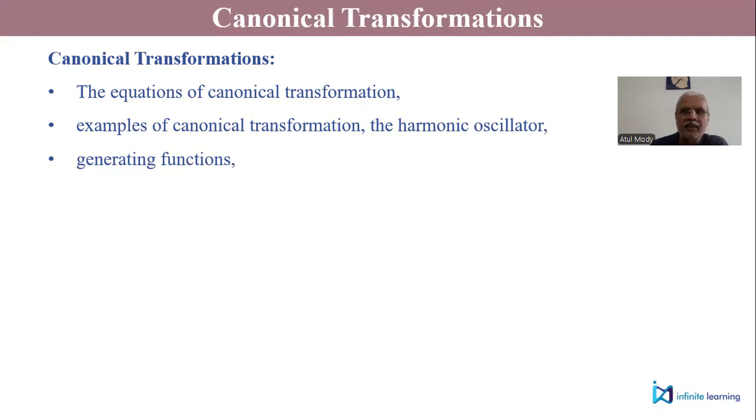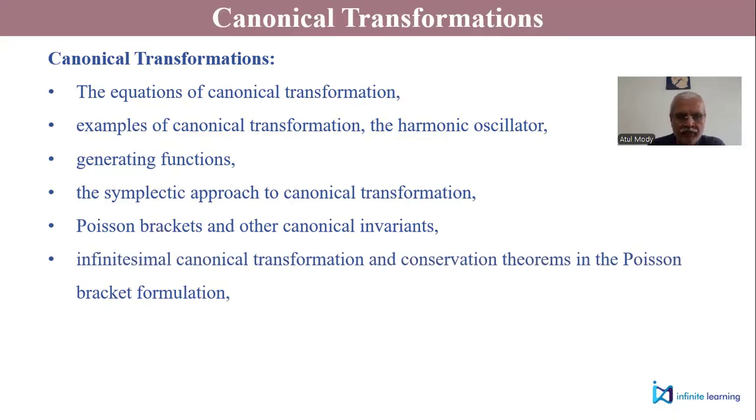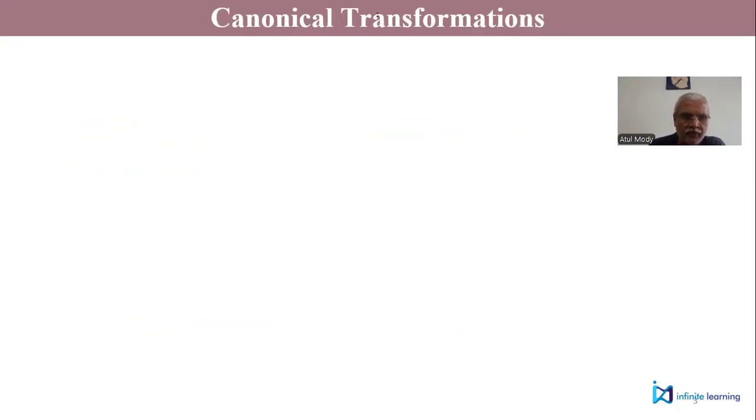For example, we'll take up an example of what are generating functions that would lead to canonical transformation. The symplectic approach, Poisson bracket, and other canonical invariants we will see in another video. So we will restrict this to just the canonical transformation part.